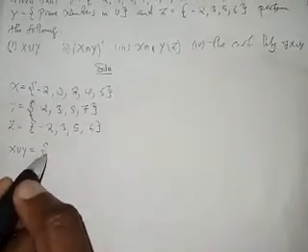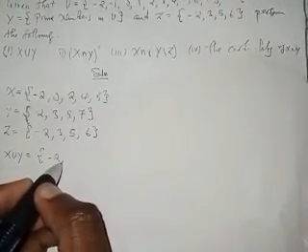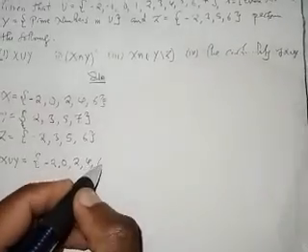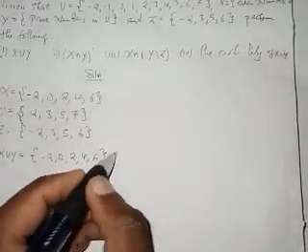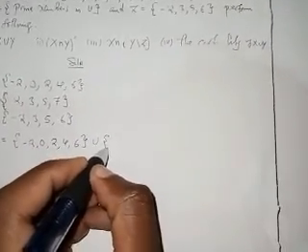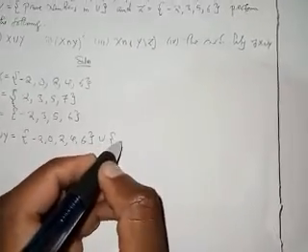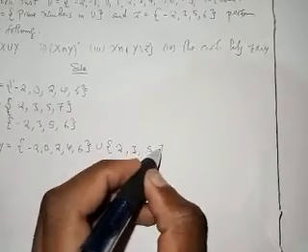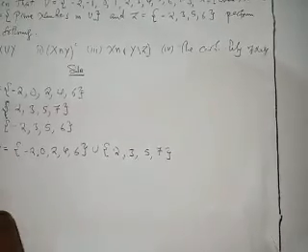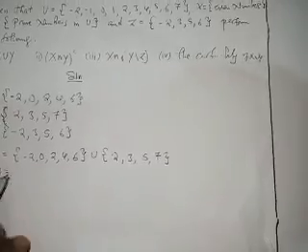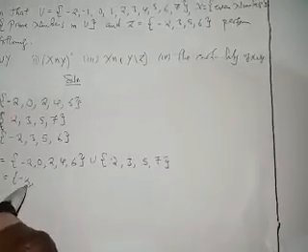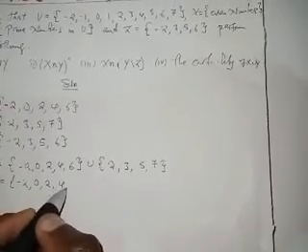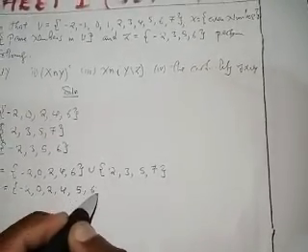We have X, which is -2, 0, 2, 4, 6, union Y, which is 2, 3, 5, and 7. If we combine, we'll have -2, 0, 2 written once, then 3, 4, 5, 6, and 7.